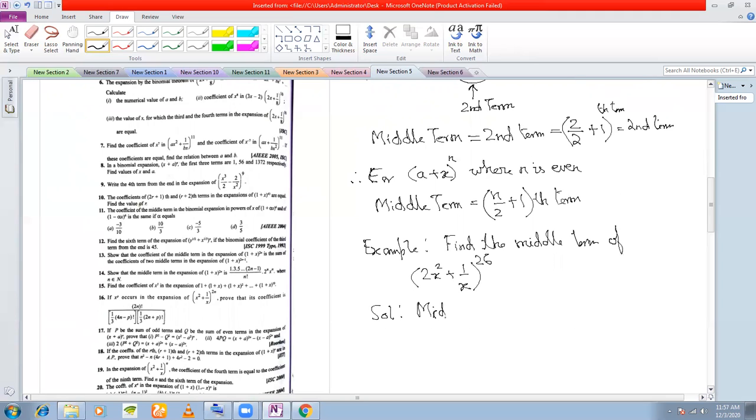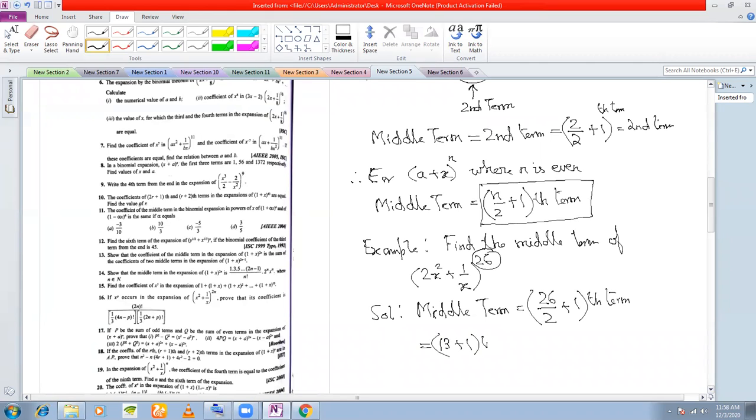The middle term is equal to, where the power is 26, n by 2 plus 1. You have to remember this. So 26 by 2 plus 1th term, which is 13 plus 1th term, which is 14th term, which is T14. Okay, this is how you find out the middle term of a binomial for even power.